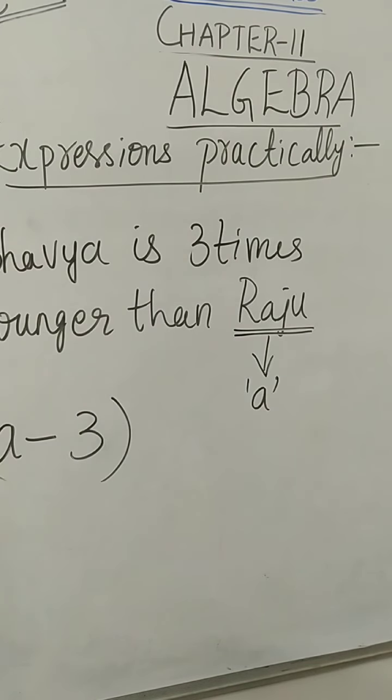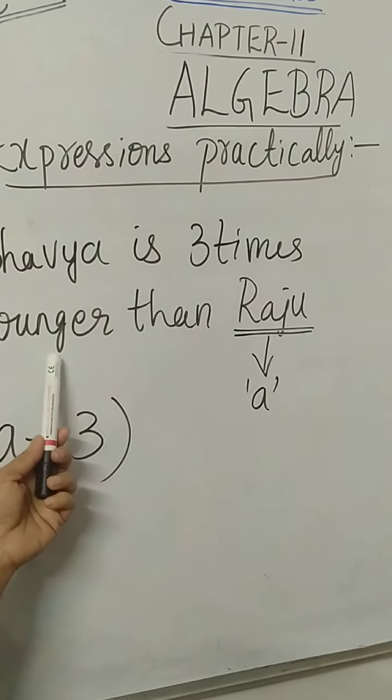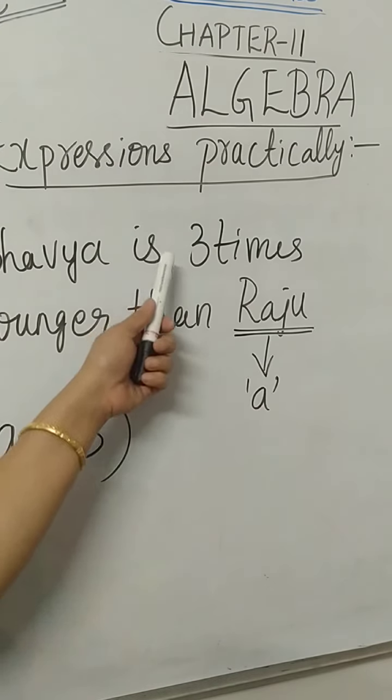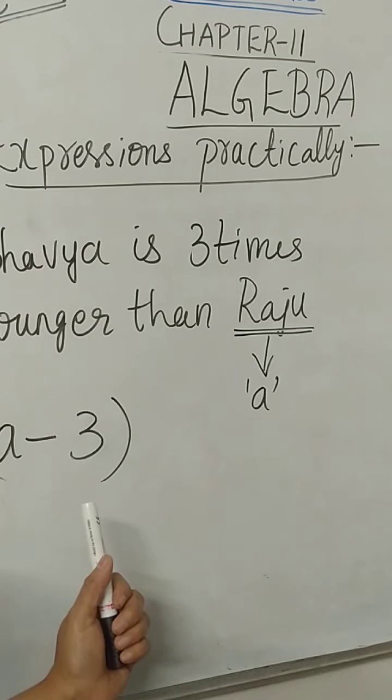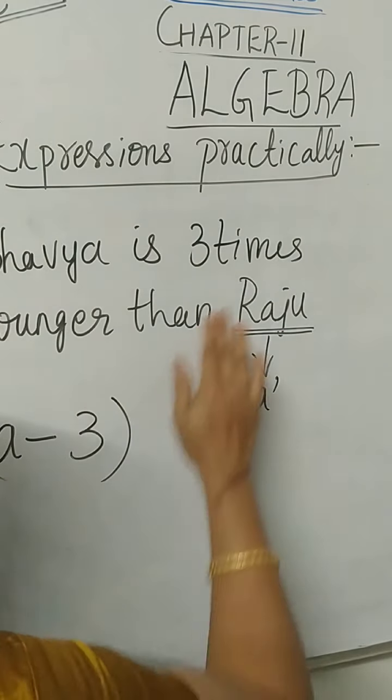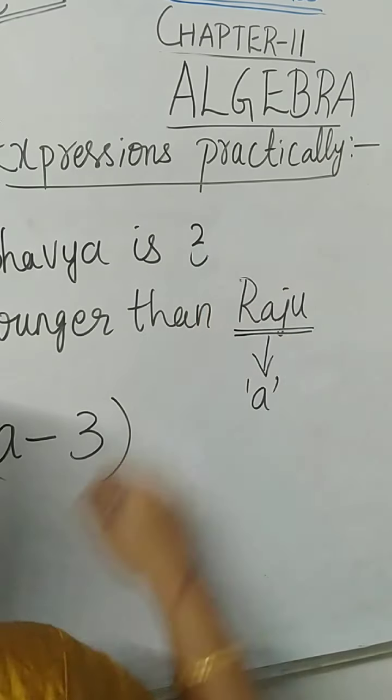Why have we taken it as A minus 3? Because she is younger than Raju. It's not 3 times, it is 3 years.